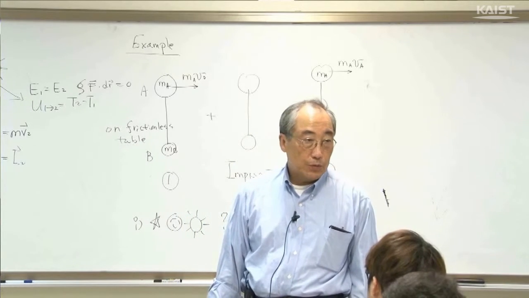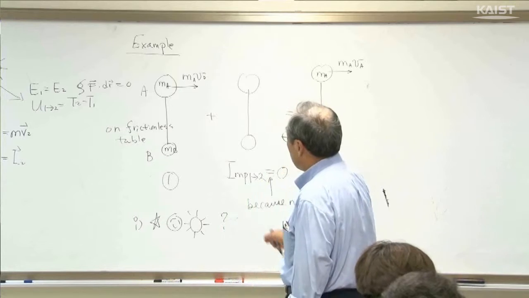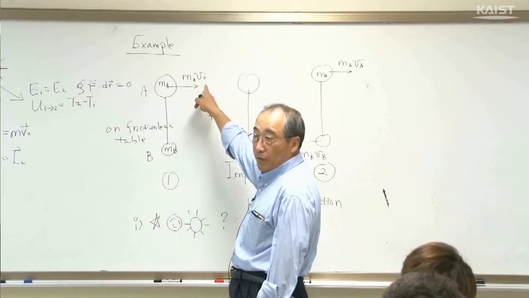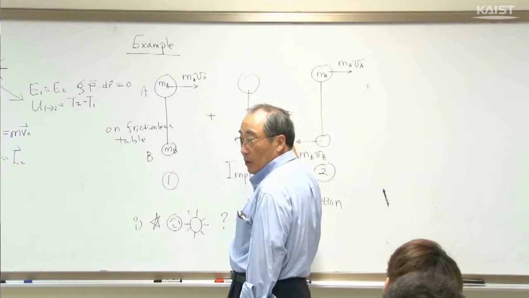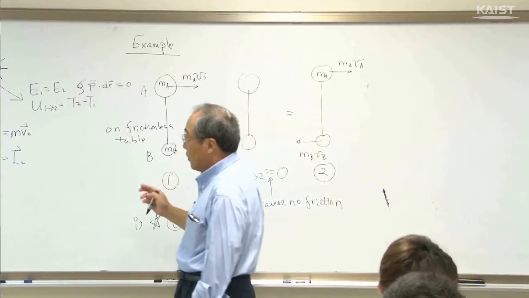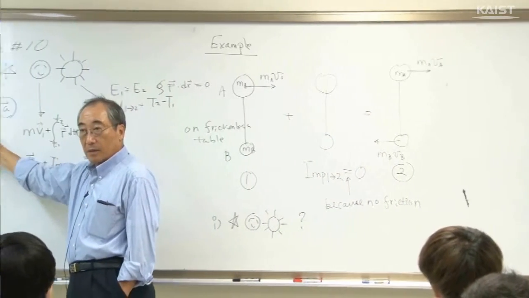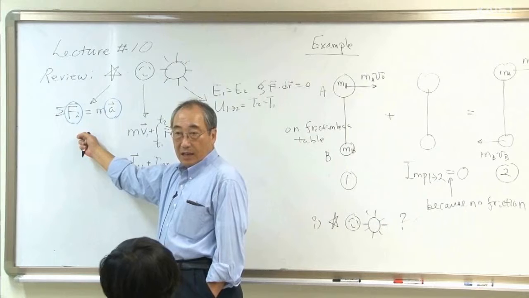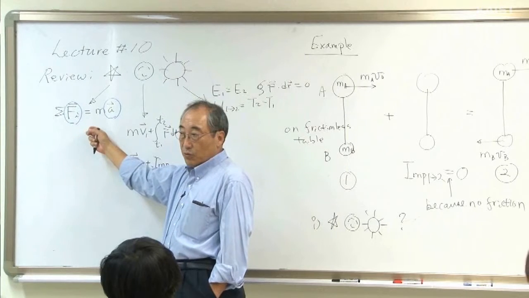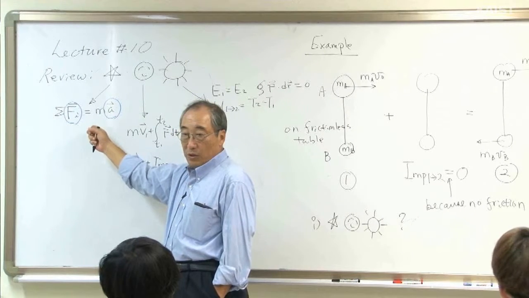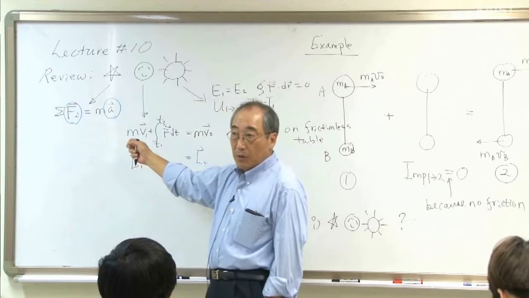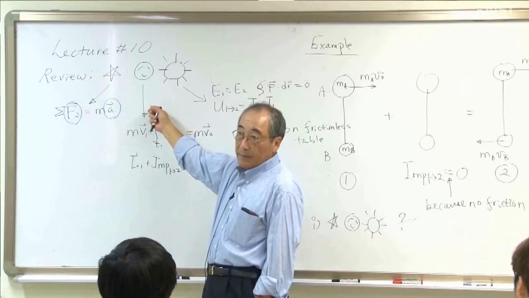Because this involves mv and all velocity, therefore it's not likely the method which we want to select, right? Minu, what about this one?